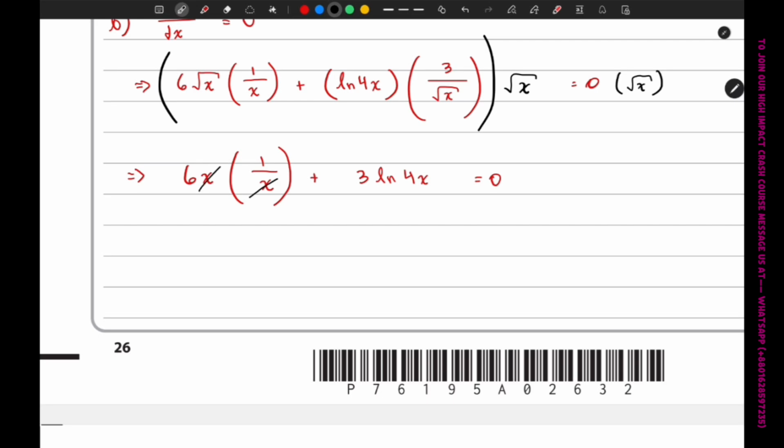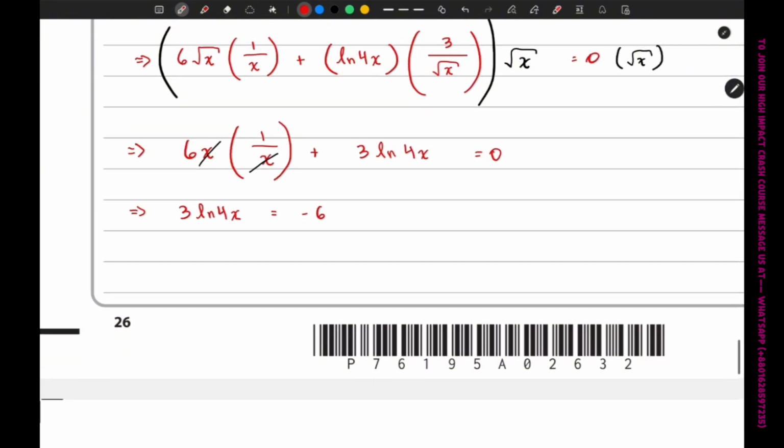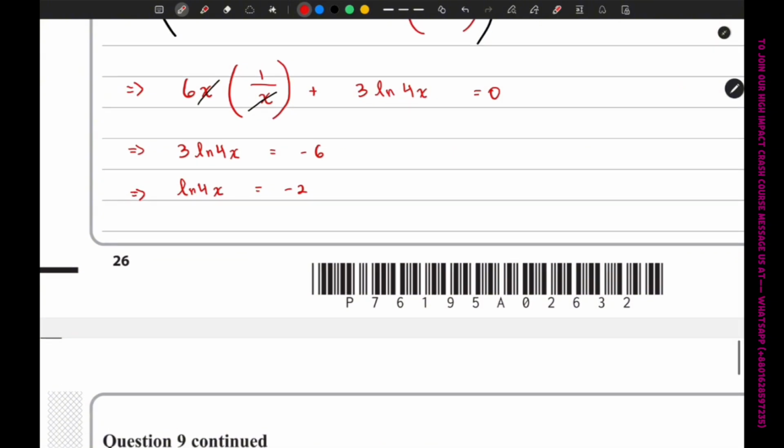These x's will cancel out each other, and finally we have 3 ln 4x equals -6, and ln 4x equals -2. And if I bring this ln to the right hand side of the equation, this will become e to the power -2.